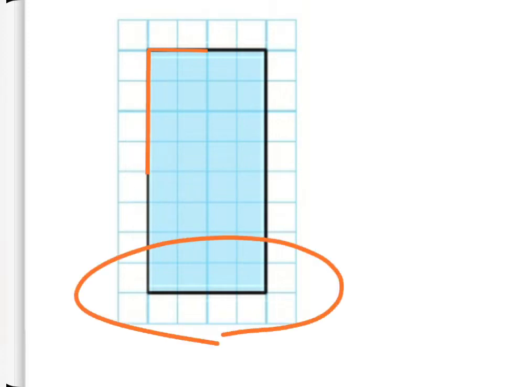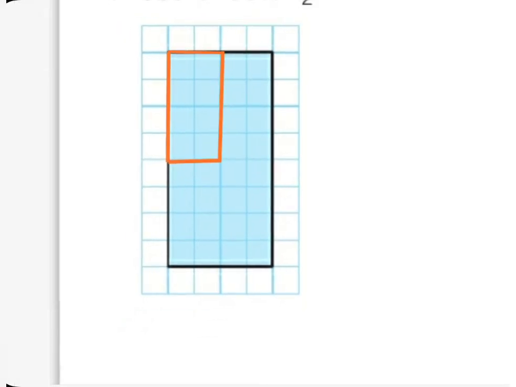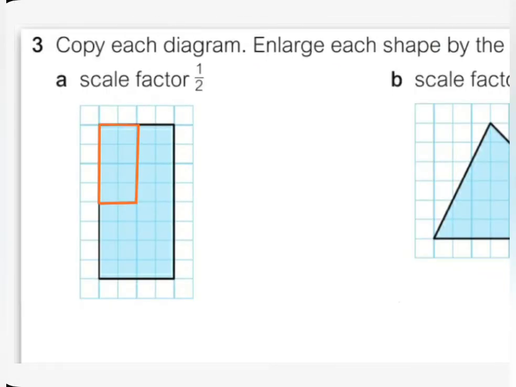Same idea here for this part. It's 4 multiplied by half. It's going to be 2, which is here. And then this part here, it's 8. When you multiply it by half, you get 4. And we put it here. Now, like this, we multiplied the lengths of the sides by the scale factor.